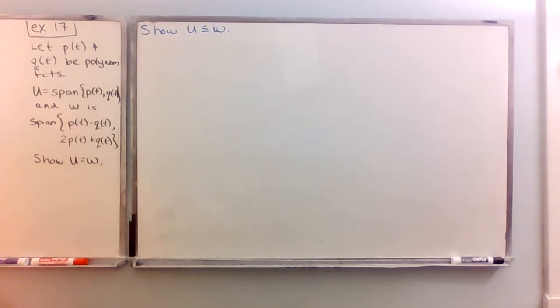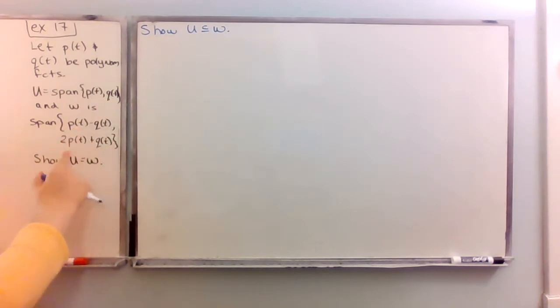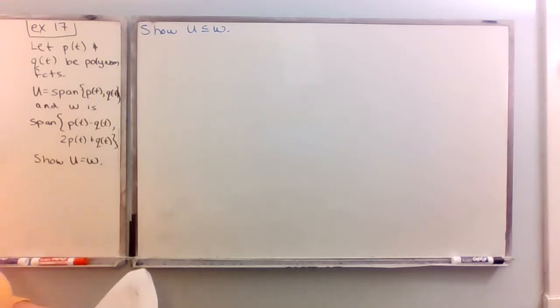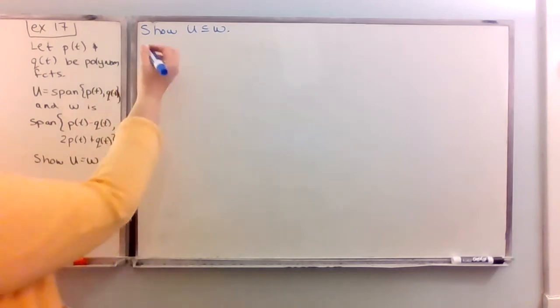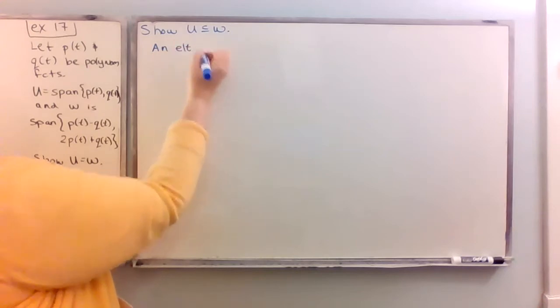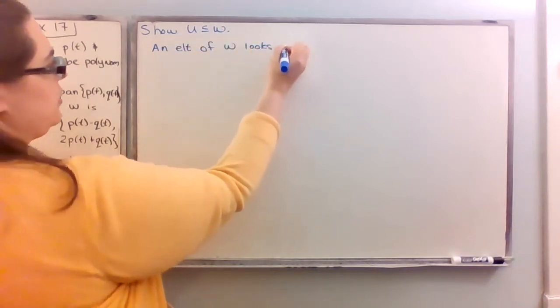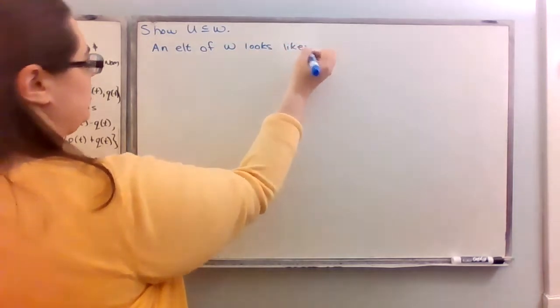In order to do that, we have to show that the two elements of U are linear combinations of the elements of W. So to start out, I'm going to write a generic linear combination of elements in W. An element of W looks like this.